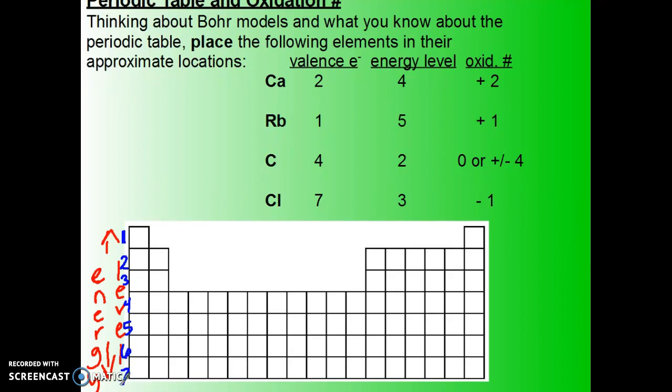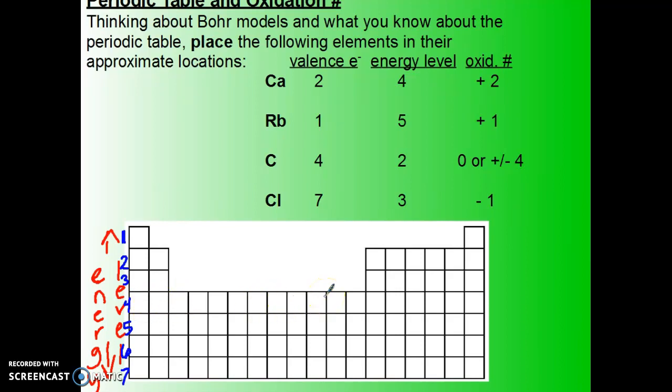Okay? So if an atom has its highest electrons in energy level 4, then it's going to be on the 4th row of the periodic table. So calcium, we know, is going to be somewhere on this 4th row of the periodic table.